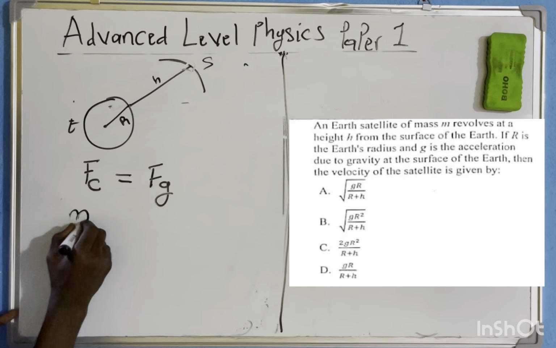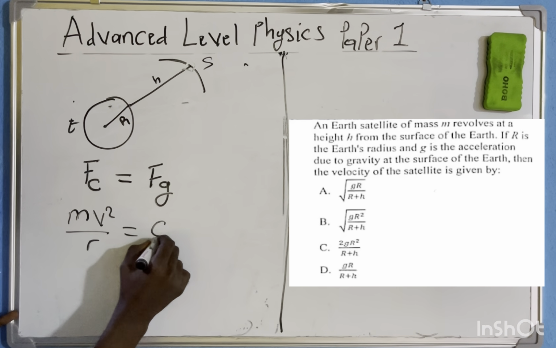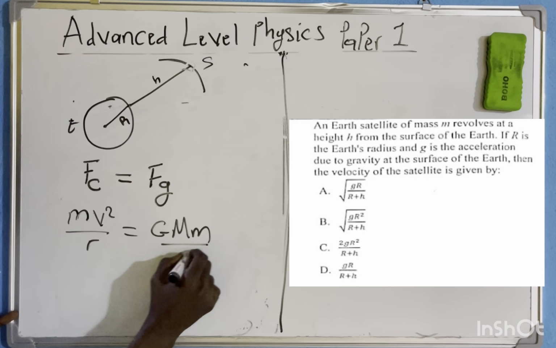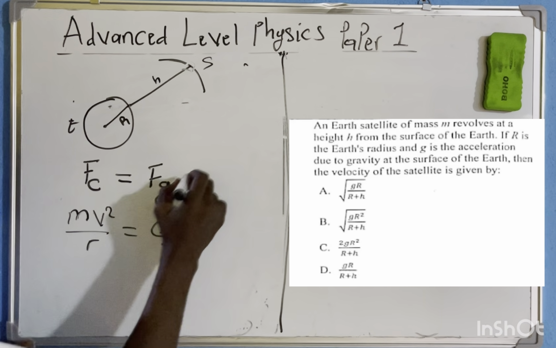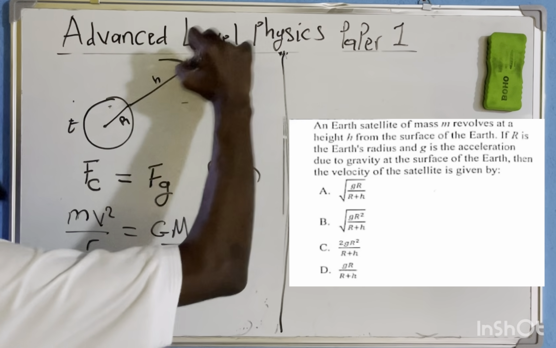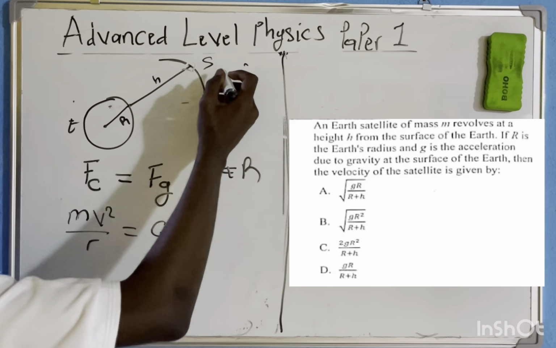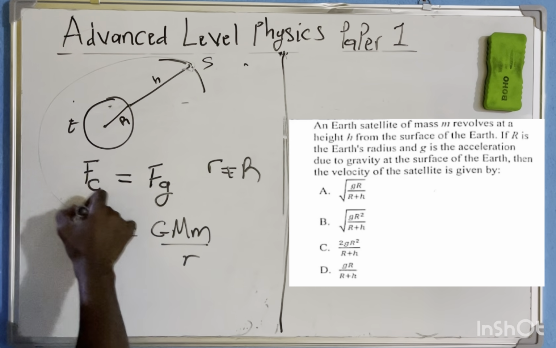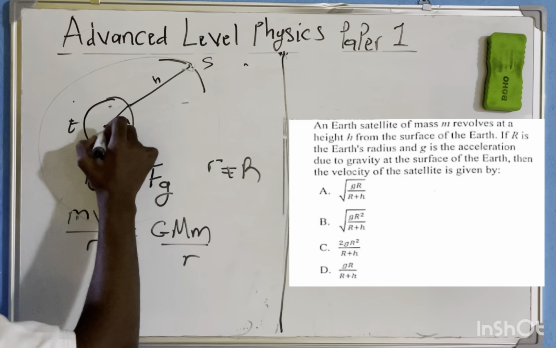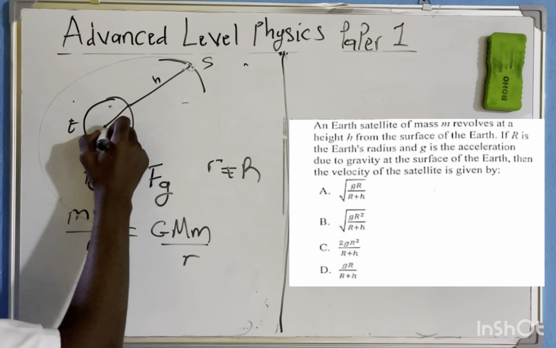It means that mv square all over r equals GMm all over r square. Now you should look up: small r is different from big R, please. Small r here is the radius described by the circle of the satellite, the distance from the center of the circle of the satellite, which is the center of the Earth.